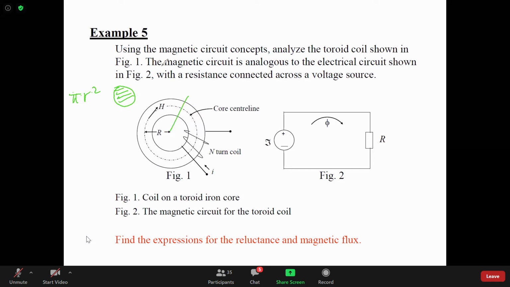The r will be r outer minus r inner, divided by 2. For example, r, which is basically this radius, will be the outer radius minus the inner, divided by 2.